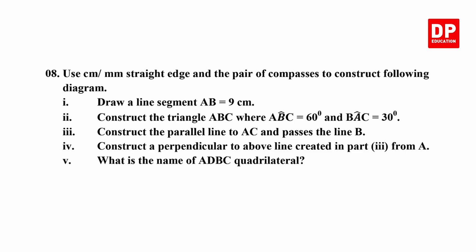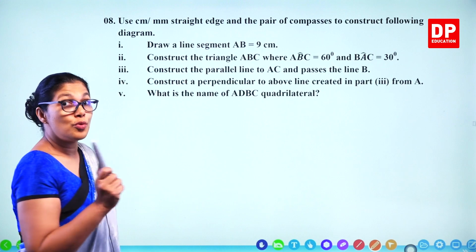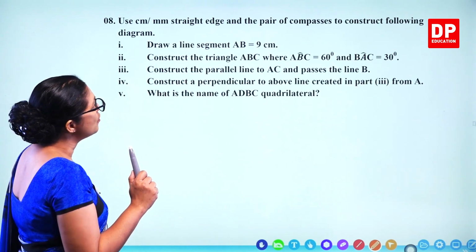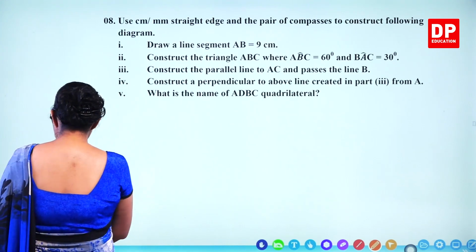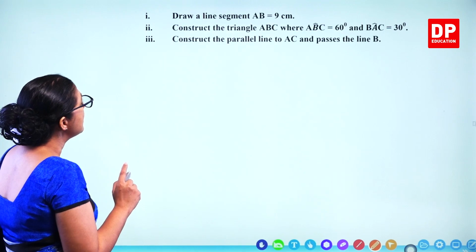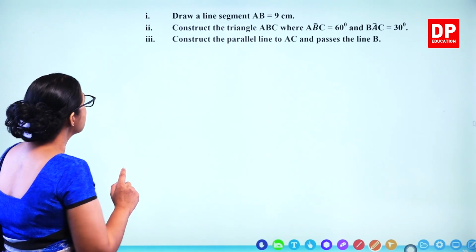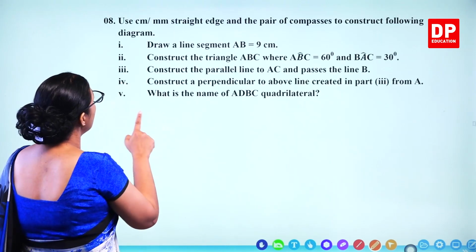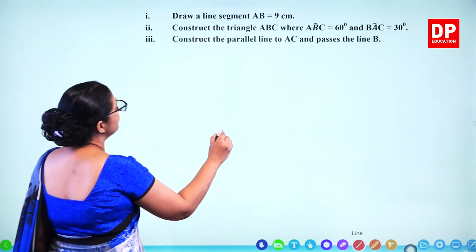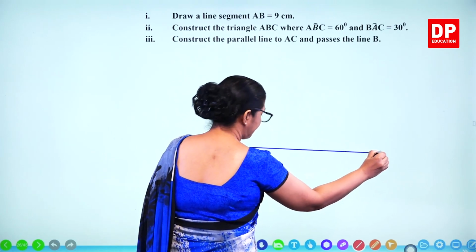Let's take question number 8. That's a construction question. You can use only a pair of compasses and a straight edge, that's the ruler. So let's do that. Draw a line segment AB that's 9 centimeters. So first draw a line.